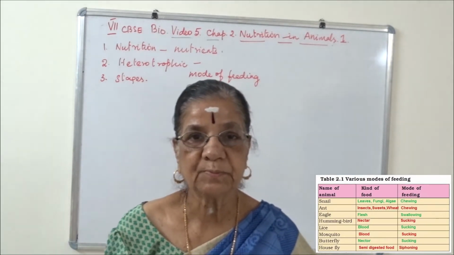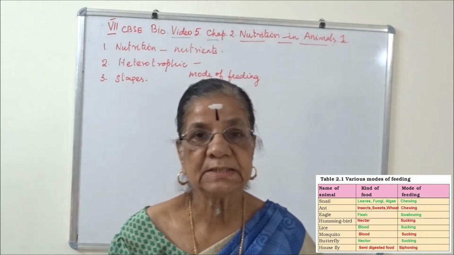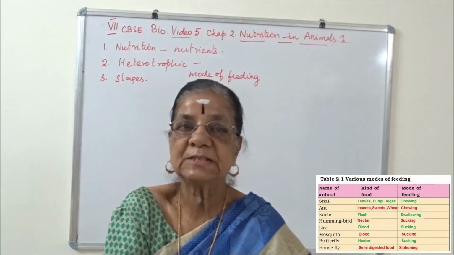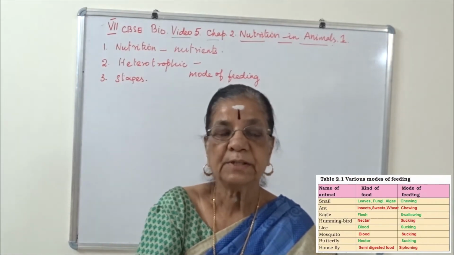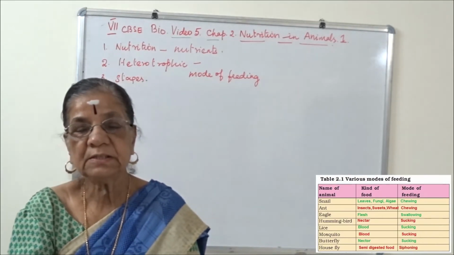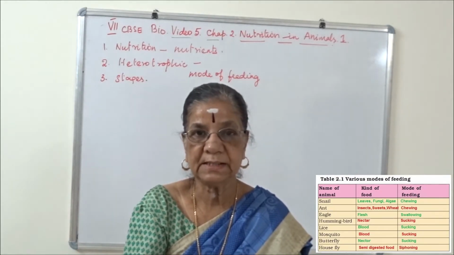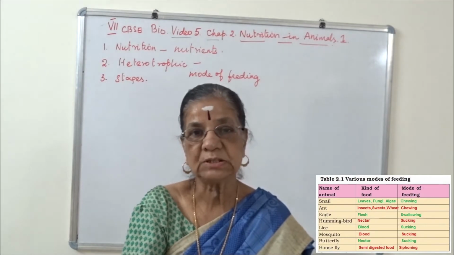In our textbook, it is written as carbon dioxide plus water in words, but you should know the equation using chemical symbols. I hope you already learned that. It will be in the QB also.